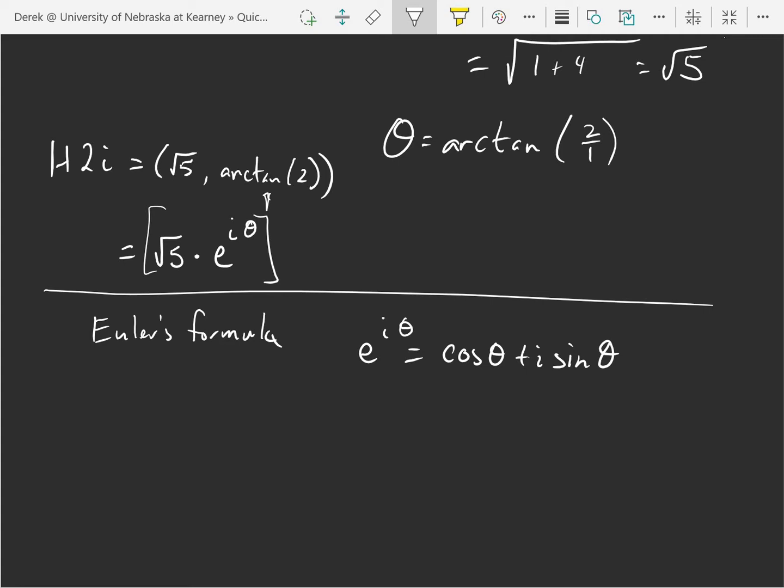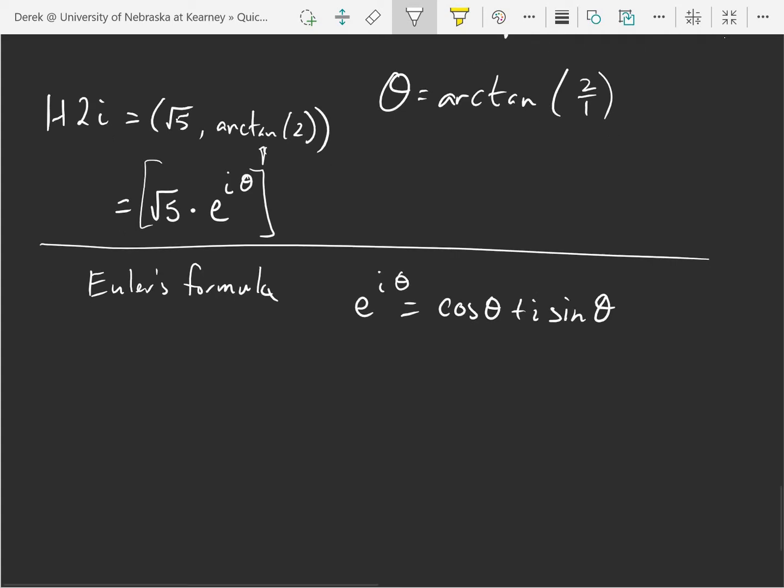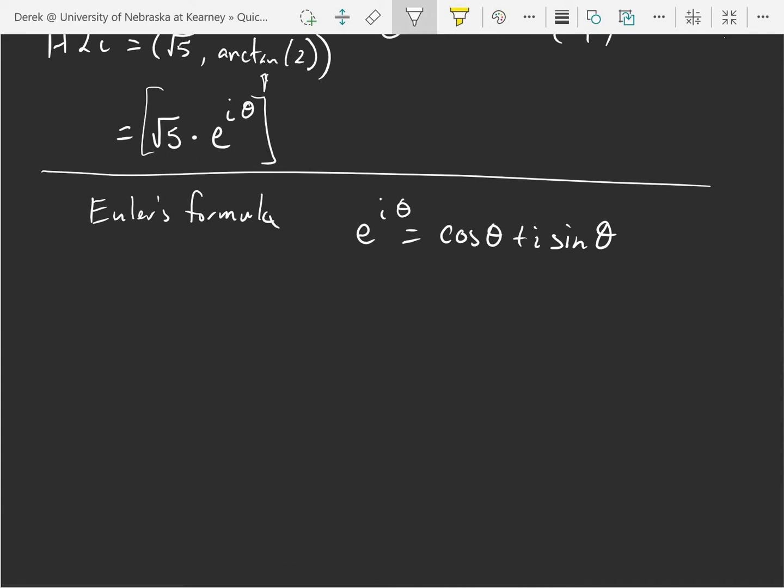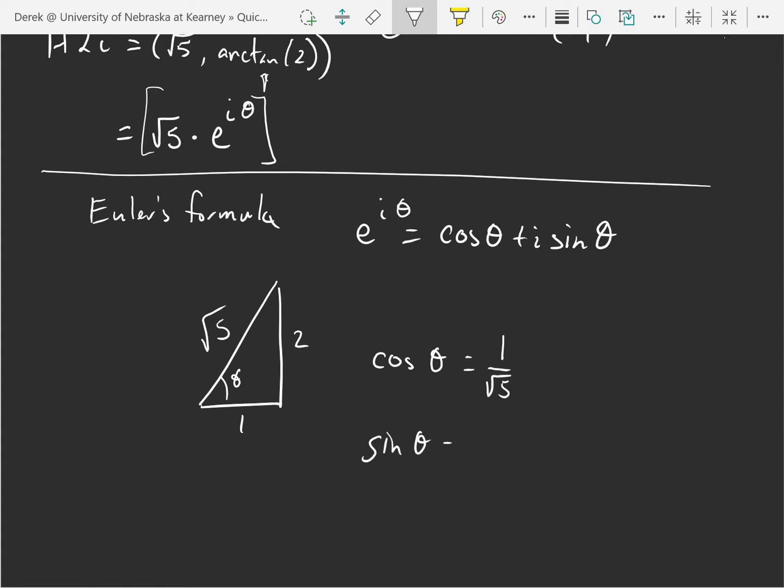Okay, so if I do that with a point like this, I can multiply the square root of 5 times the cosine of theta plus i times the sine of theta, and end up back where we need to. Let's see this. So if I have that the tangent is 2, then my triangle has theta with 2 over 1. This would be the square root of 5. So the cosine of theta would be the adjacent over the hypotenuse, which would be 1 over the square root of 5. The sine of theta would be 2 over the square root of 5.